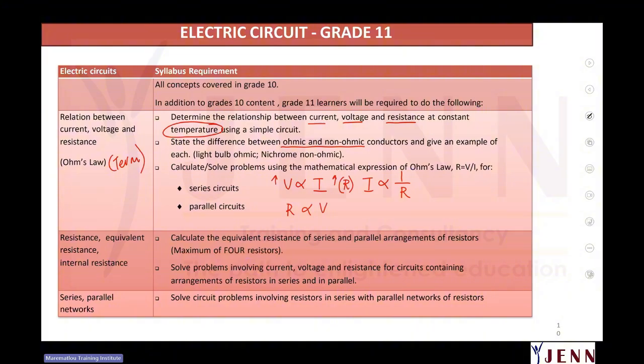If we increase resistance, we will also increase potential difference, provided that current remains constant. But if we were to increase current, then we will have to decrease resistance, provided that potential difference remains constant.